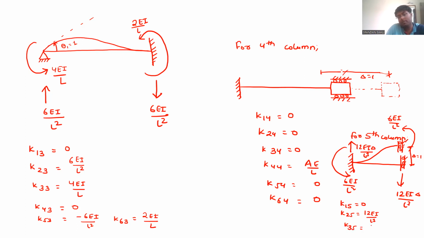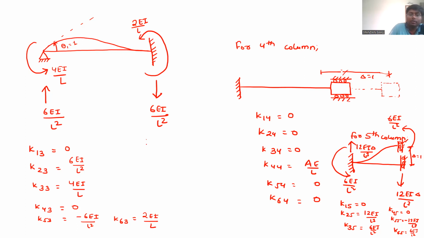K35, K45, 0, K55 will be minus 12EI upon L cube. K65 will be how much? 6EI upon L square.